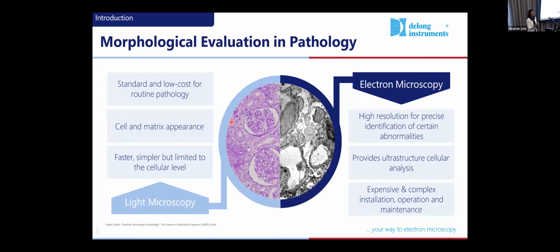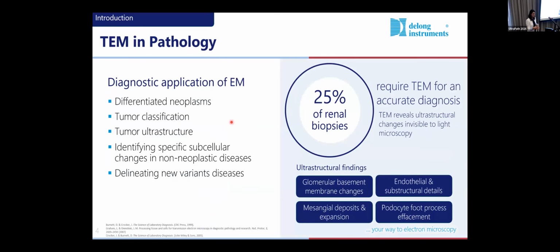However, now electron microscopy is not accessible, right? We see the high cost and the complexity of the equipment. A lot of labs can't have access anymore. Especially in pathology, with transmission electron microscopy, we know it can diagnose different types of disease, neoplasm, tumor, or identify abnormal structures.